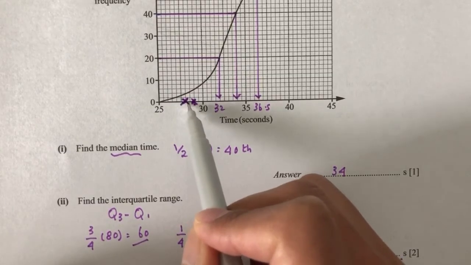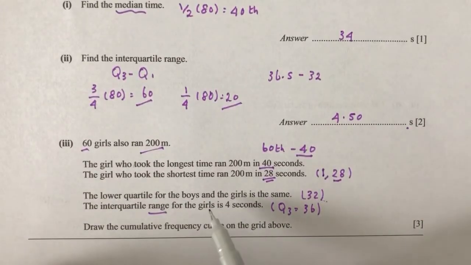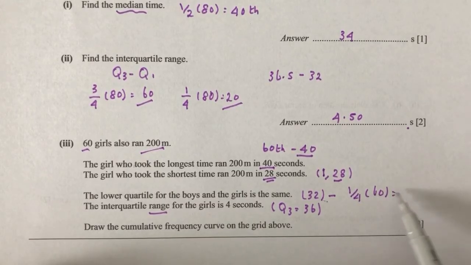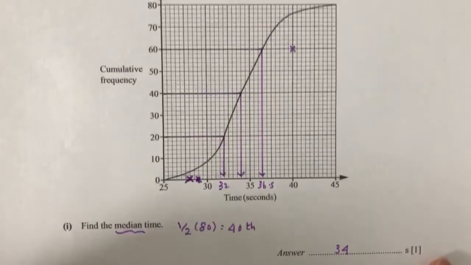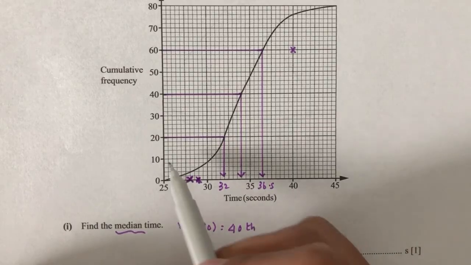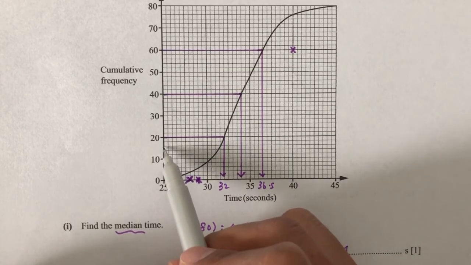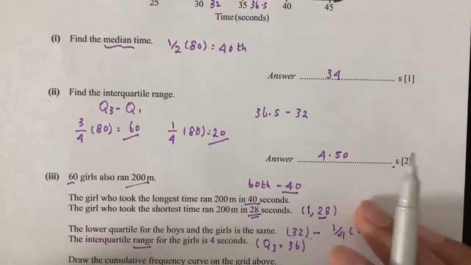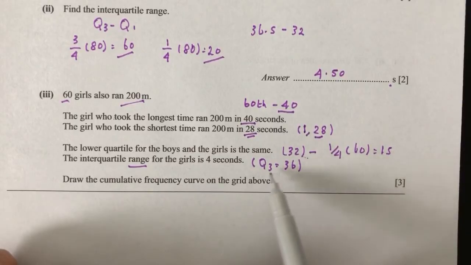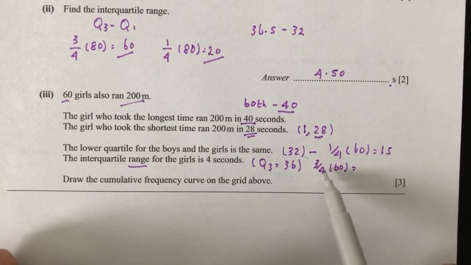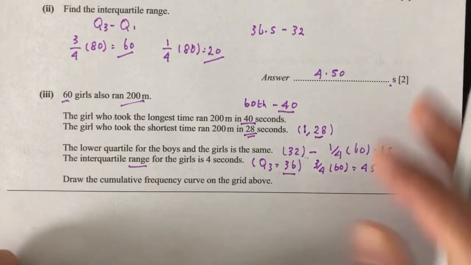It is this one, the 28 value, and it says the lower quartile is the same, 32, which means the lower quartile will be 1/4 of 60, which is the 15th element. So the 15th element will be between 10 and 20, and the value is the same as the boys, which is 32. 15 will be 32, will be here. And quartile 3 will be 3/4 of 60. That will be the 45th element, equal to 36.